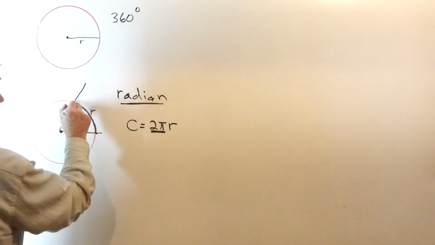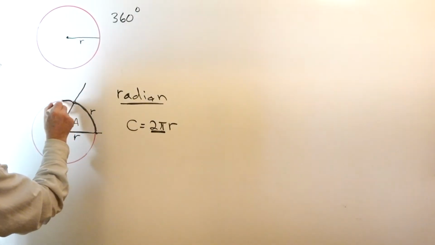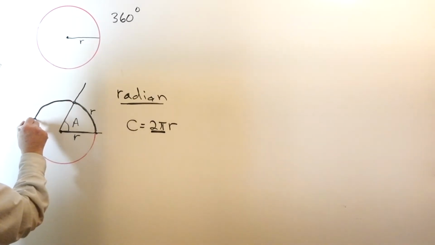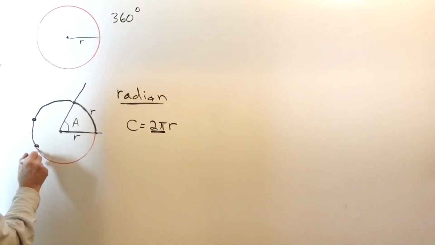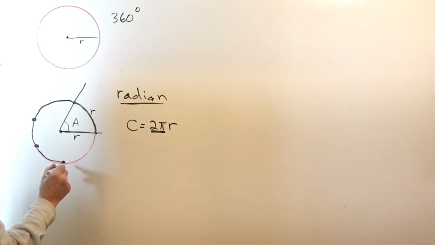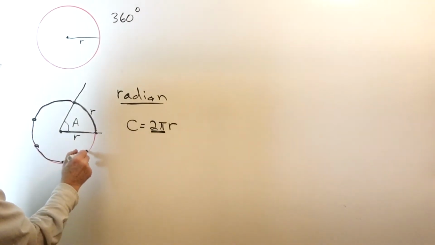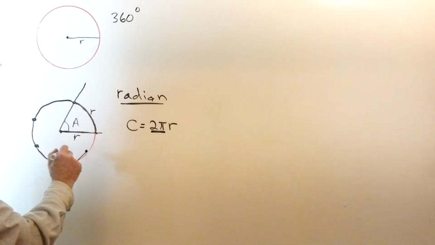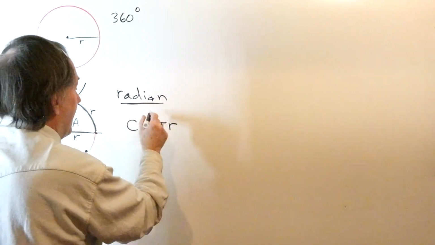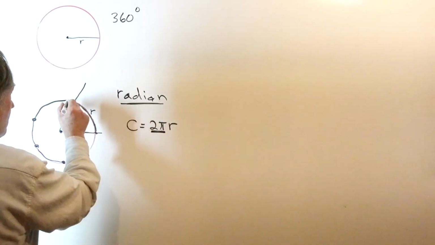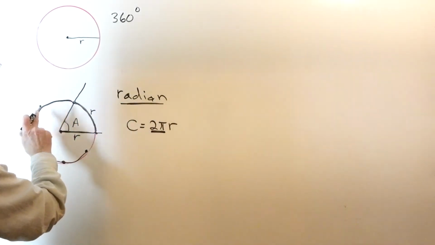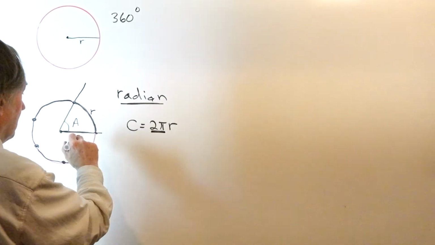If we were to put them end to end, say lay out another radius, and then another, and so on all the way around, we would find that there will be 2 pi of these radii that fit along the perimeter of the circle.